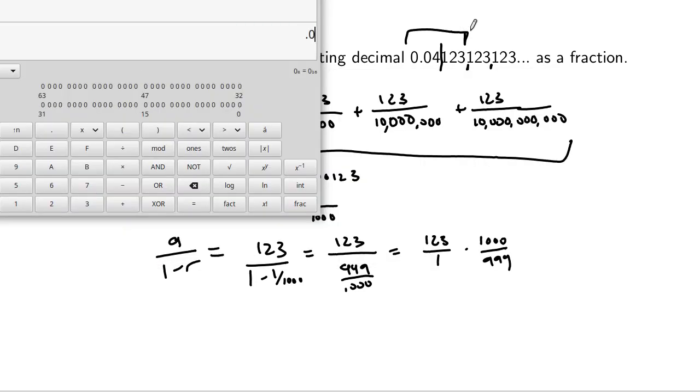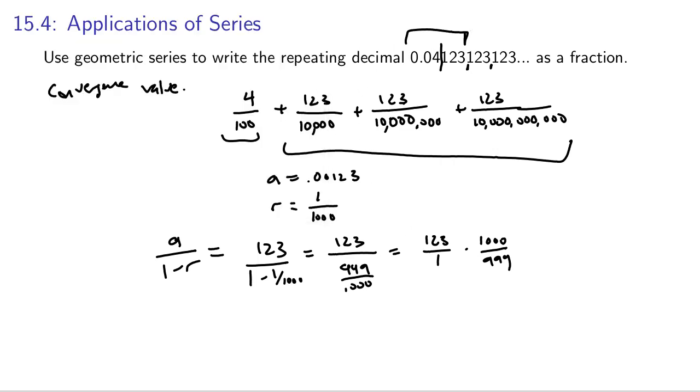So it's really 0.00123 over 0.999. See how that works? We could think of that as 123 times 1 over 10,000. I left that 1 over 10,000 factor out of my a, which I needed. Of course a is this 123 over 10,000, not just 123. So that fixes that.